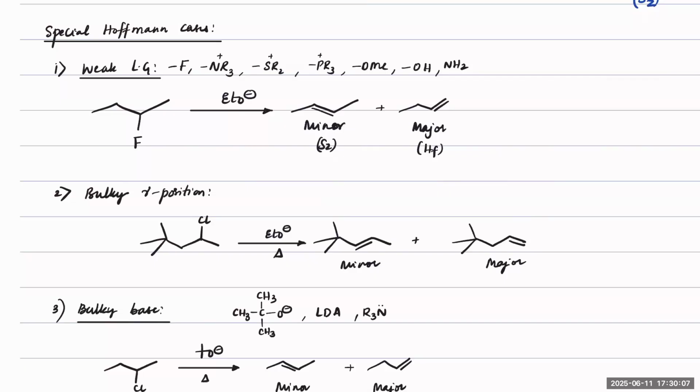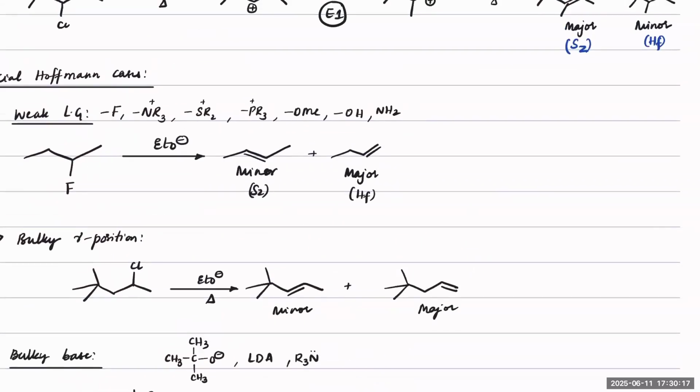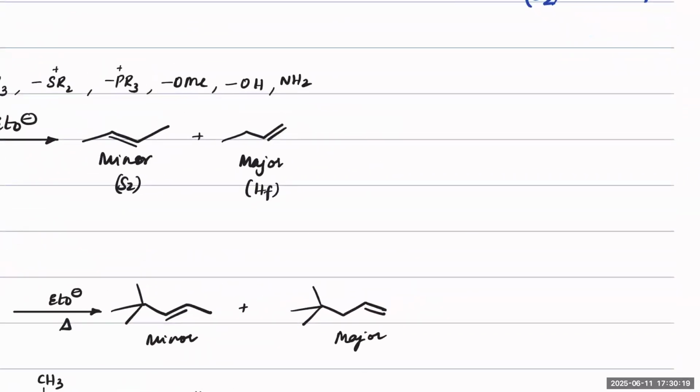So in such cases, how does the mechanism favor here? Now, the base, say OEt minus, will go here to extract a proton. It will go here to extract a proton. Now, what problem will happen here is this. See, fluorine is present here and one hydrogen is present here, and when you try to extract the proton from here, the sigma bond will try to break and convert into a double bond, and fluorine is leaving.